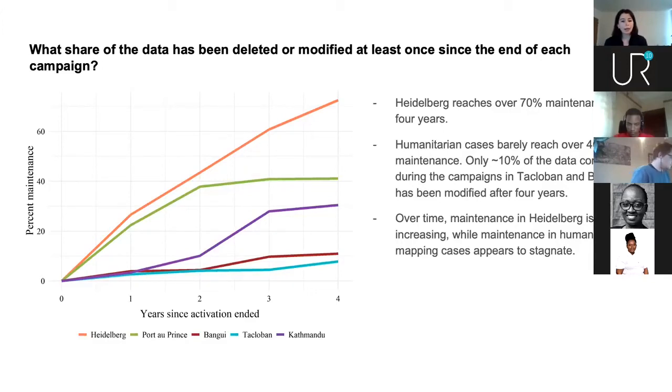And so I think while here we're just looking at a handful of cases, these results are suggesting that the data contributed during humanitarian campaigns may be at risk of becoming quickly out of date. And I think that's particularly worrying when we think about the high volume of data that can be added to the map, as we saw in the previous slide.